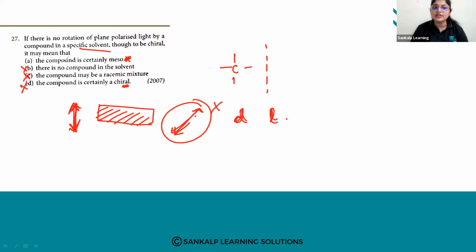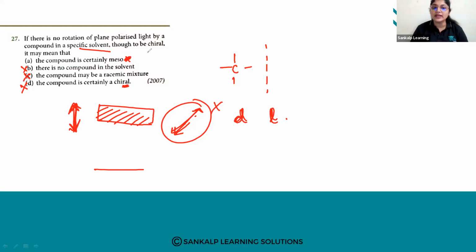Then the first one, the compound is certainly a meso compound. Meso compound means there will be a plane of symmetry, so half of the compound will be cancelled by the other half. So if you have a meso compound, the plane of polarized light will not be changed.